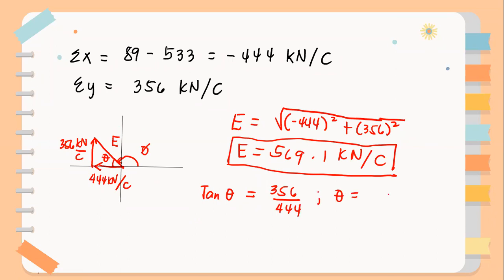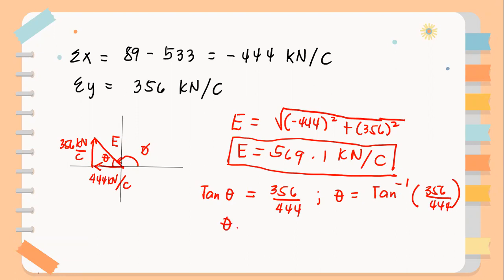Theta is equal to arctan of 356 over 444.